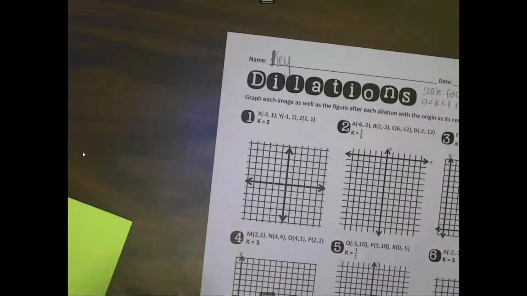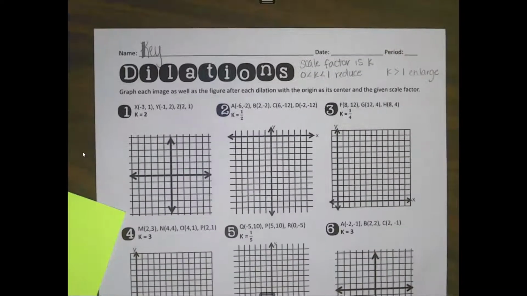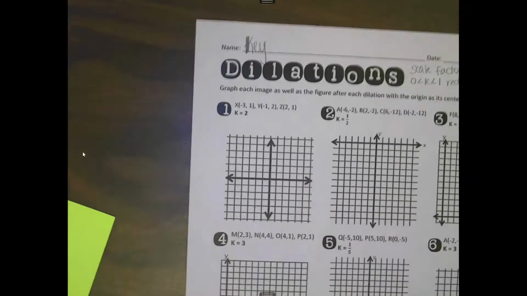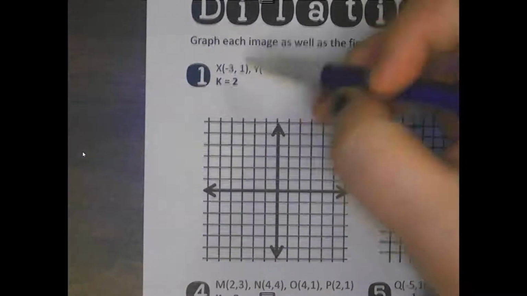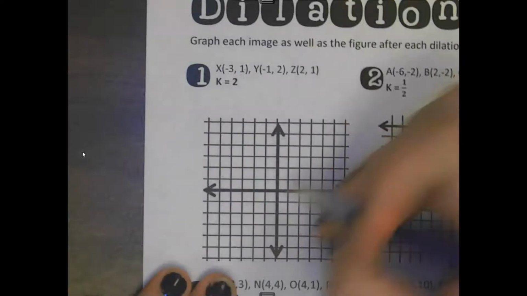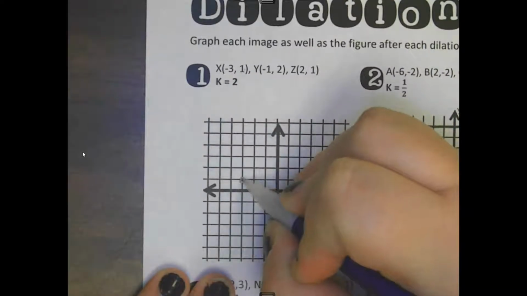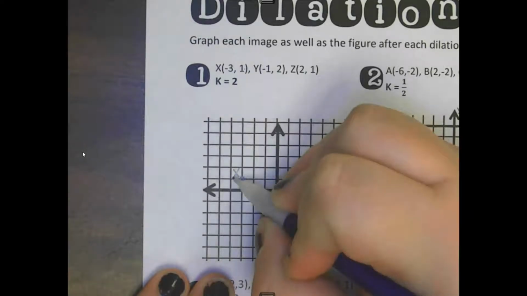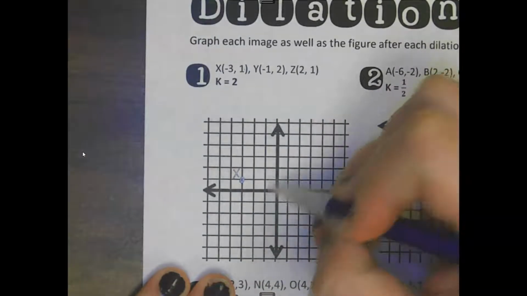Let's look at number 1. I'm going to zoom in so we can see it really well. Hopefully you got those notes. All right, so X is -3, 1. We're going to start by plotting our points. -3, 1, I'm going to put the letter X. Y is -1, 2, so I'm going to go -1 and then up 2.